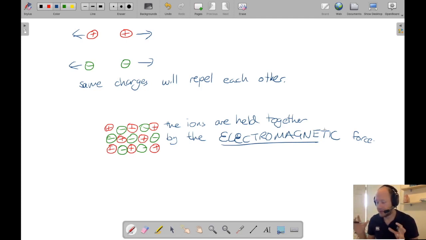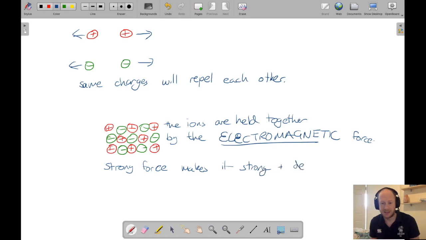Because the electromagnetic force is so strong, it's holding all of these ions together, and they're really, really tightly connected, really close. So we're talking high density and very, very strong. This is a strong force. It makes it strong and dense.